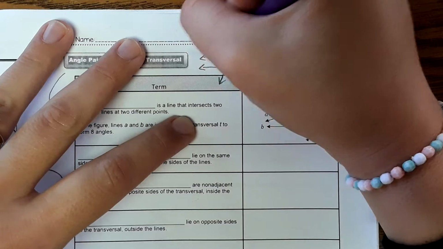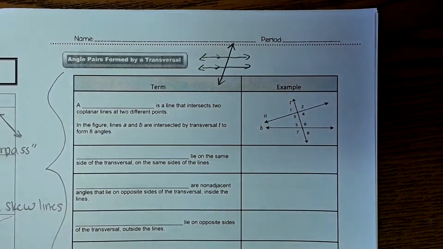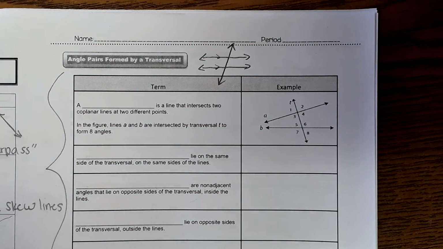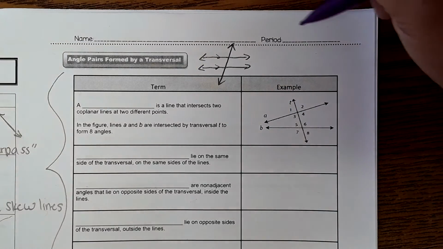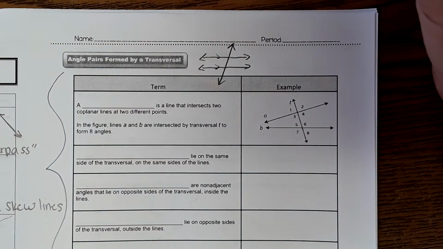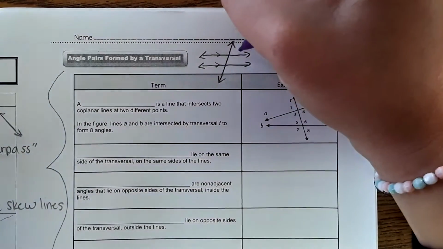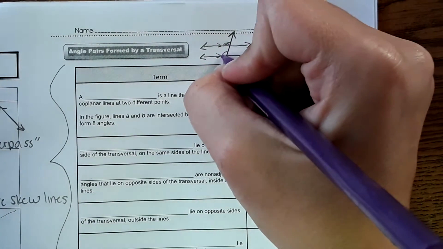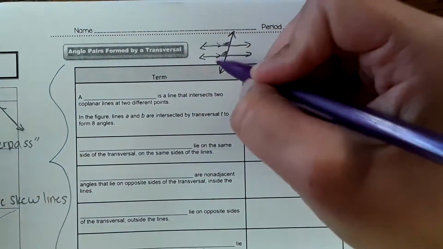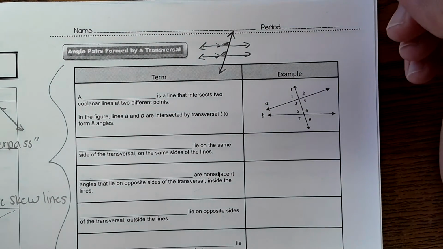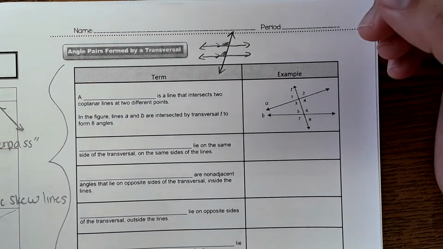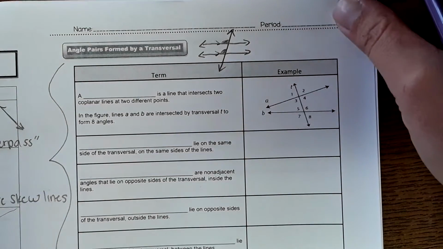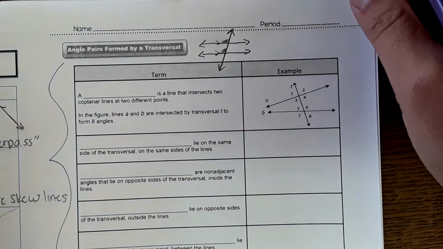So these two lines are parallel, and then you have a transversal. What happens is because of this setup, you have a bunch of angle pairs that are the same measure. So for example, this angle and this angle right here have the same measure. You can use this relationship to find angle measure, and that's what we're going to be doing throughout the next couple lessons.